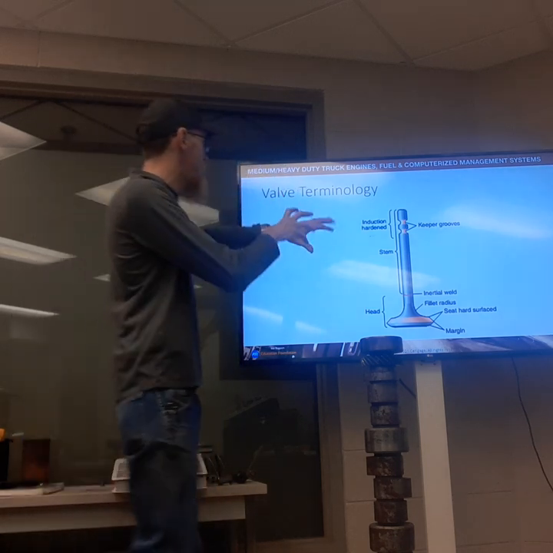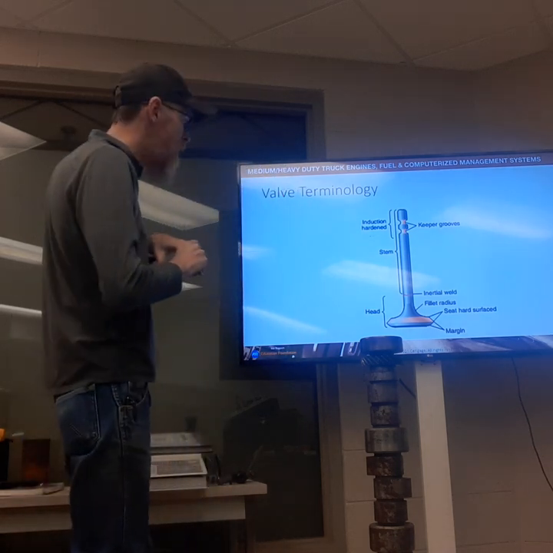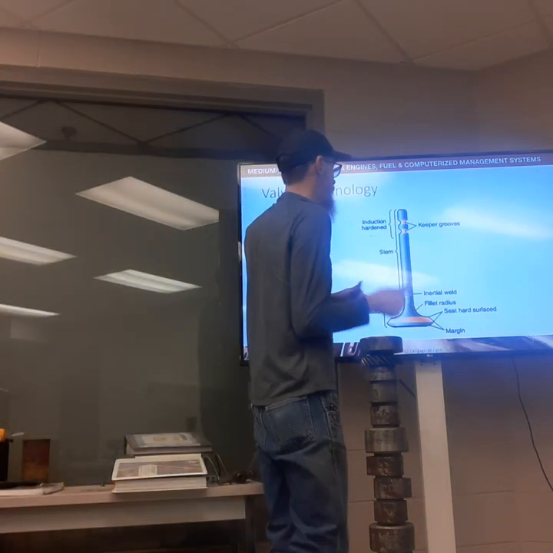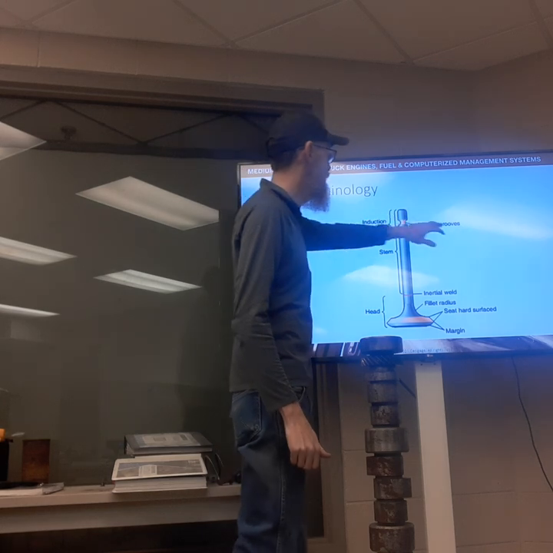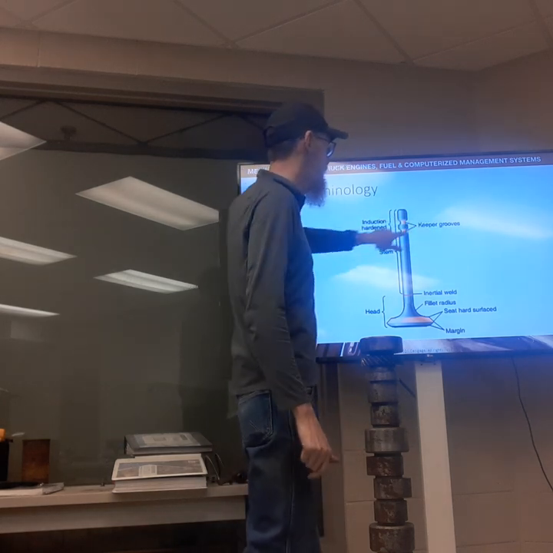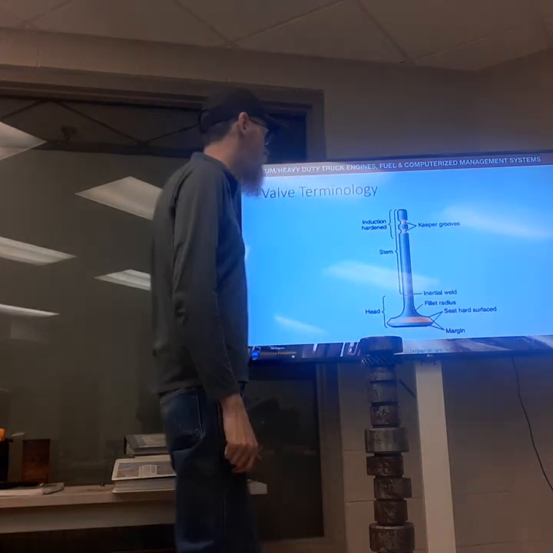The other thing I want to point out on this valve diagram from the PowerPoint is the opposite end. We have some grooves in the top of this valve, and they're labeled keeper grooves.